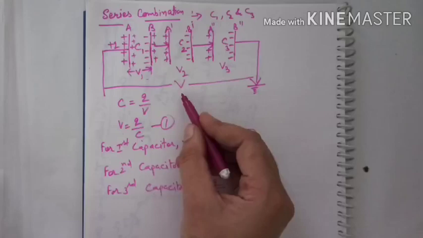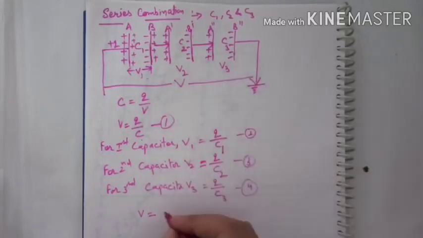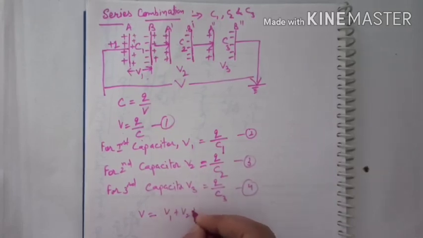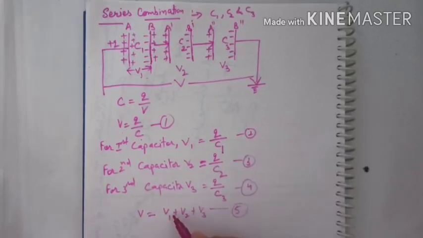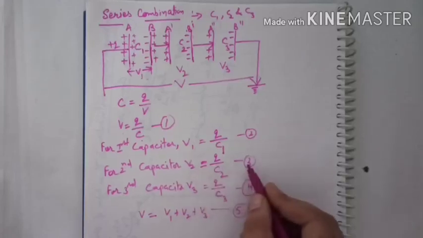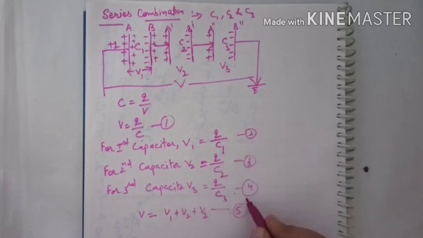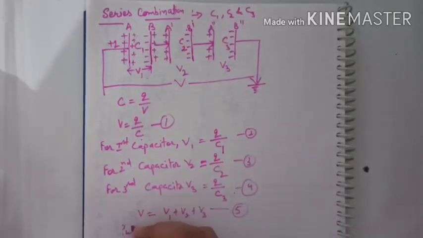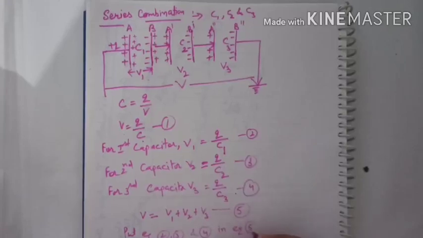So the total potential V is equal to the sum of the potentials across the three capacitors, V1 plus V2 plus V3. This is equation number 5. Put the value of V1 from equation number 2, V2 from equation number 3, and V3 from equation number 4 into equation number 5.